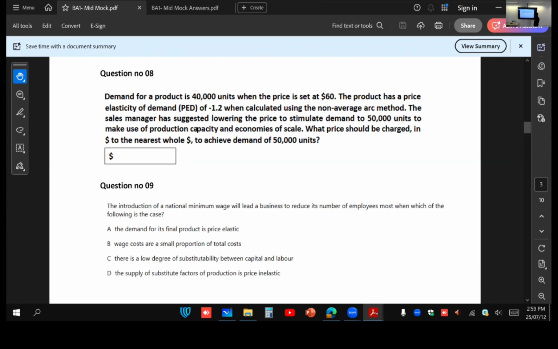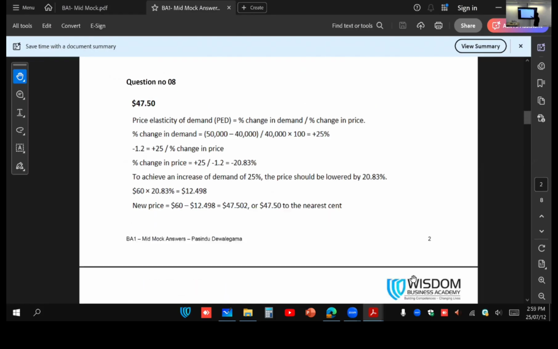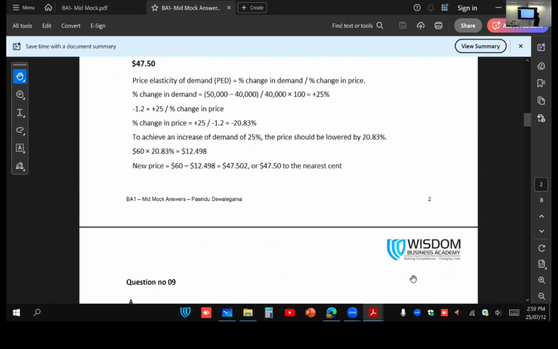Question number 8, easy. It's a matter of putting into the price elasticity of demand equation. Price elasticity of demand is equal to percentage change in demand divided by percentage change in price. Percentage change in demand, you expect 40,000 to go to 50,000, so change is plus 25. PED you already know.